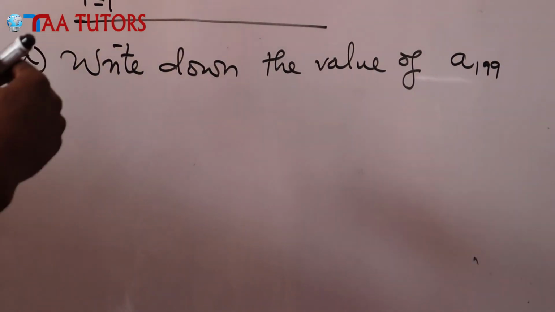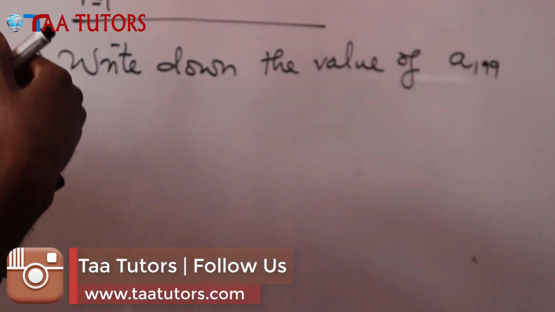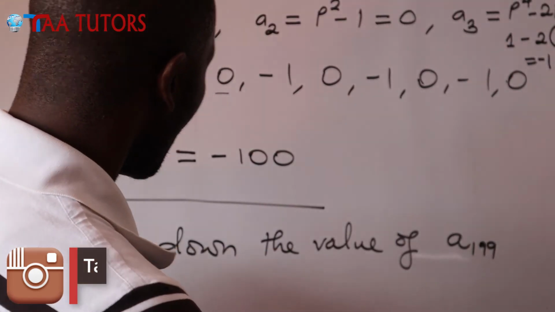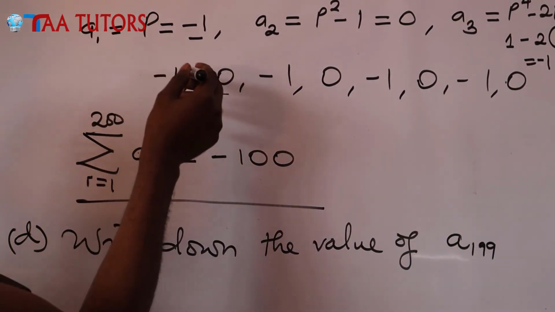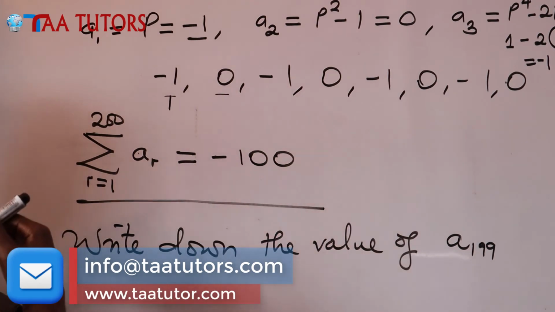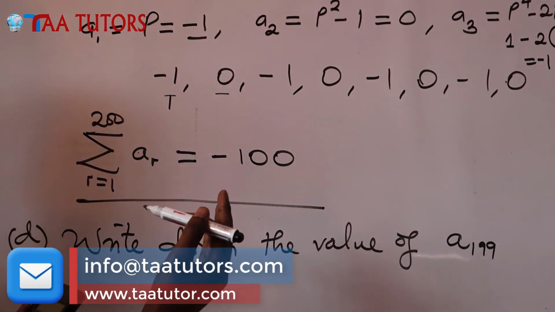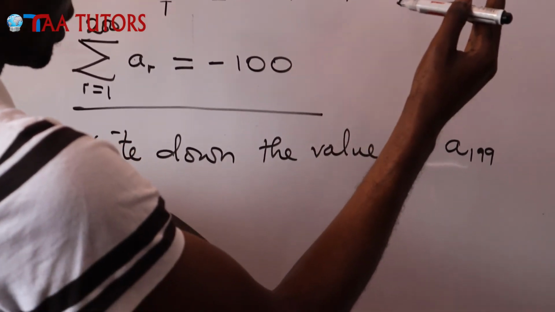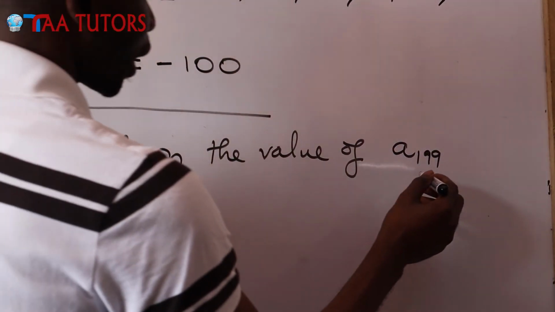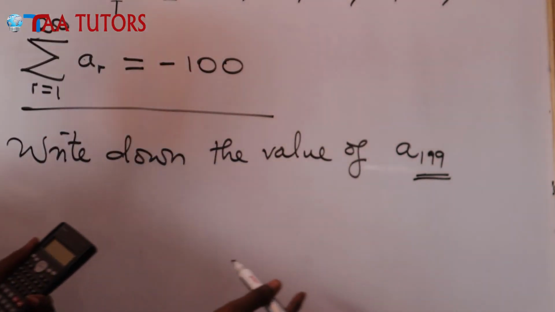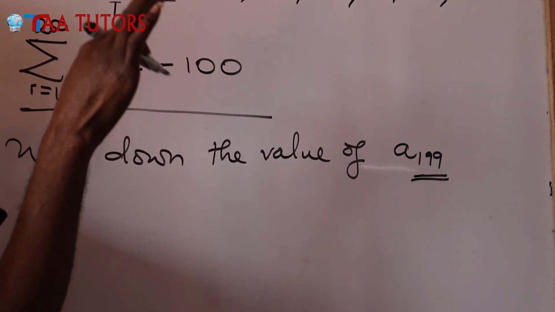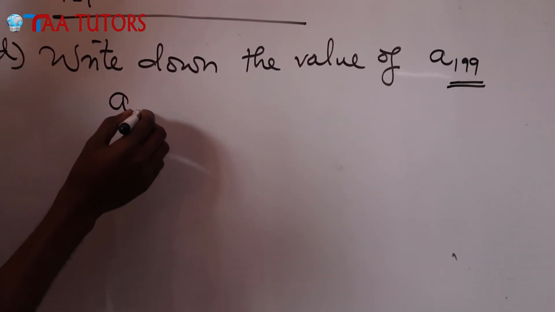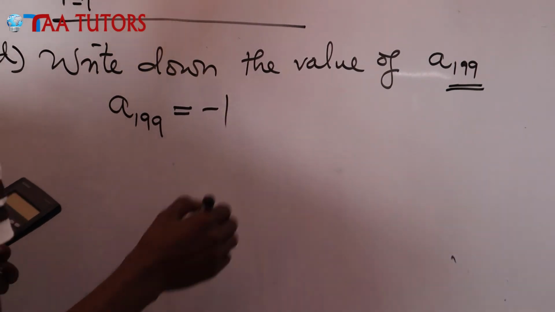We have A1, A2, A3, A4, A5, but they are alternating. All odd-numbered terms are negative, because it starts with a negative at the odd positions: A1 is -1, A2 is 0, A3 is -1, A4 is 0, A5 is -1. 199 is also an odd number. It means that the term at that position is -1. So we can simply say that A199 will be -1.